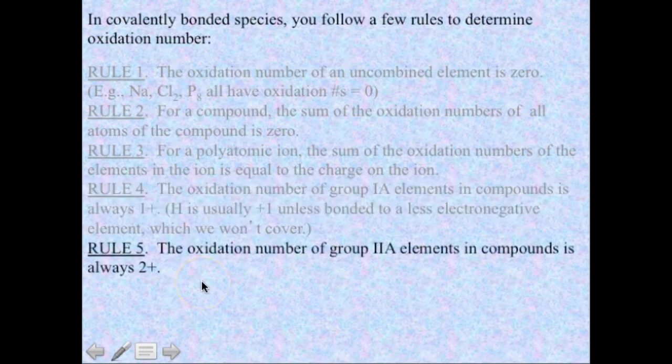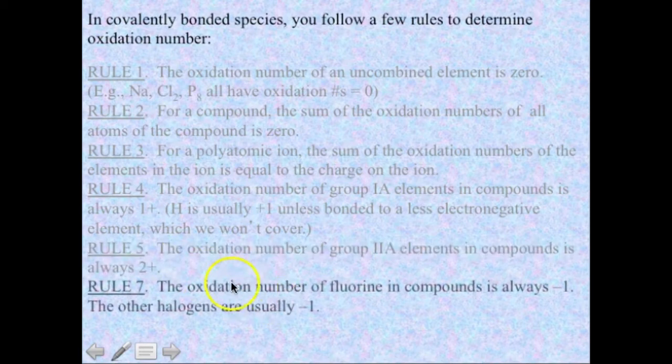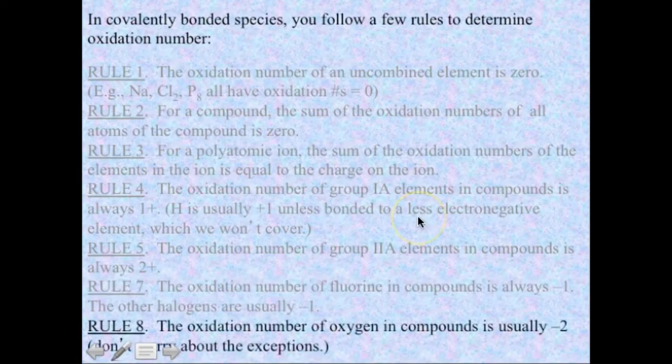The oxidation number of the 2A elements in compounds is always +2, calcium, magnesium, etc. And the oxidation number of fluorine in compounds is always -1. The other halogens are usually -1. And the oxidation number of oxygen in compounds is usually -2. Don't worry about the exceptions.